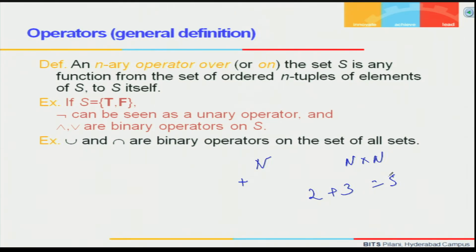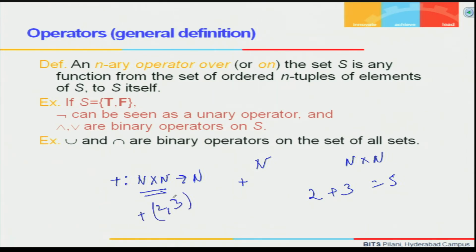What we are trying to say is, in fact, this is a function. How can this be a function? This plus is a function from the Cartesian product N cross N to N. Do you agree? You take any tuple in this N cross N, and you will be able to give a corresponding value in N. You take the tuple (2, 3).